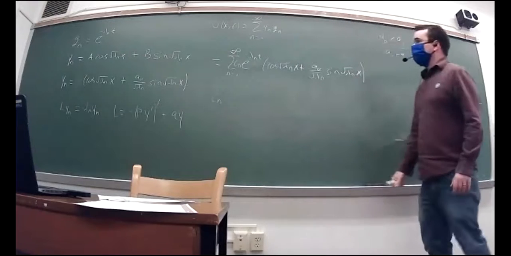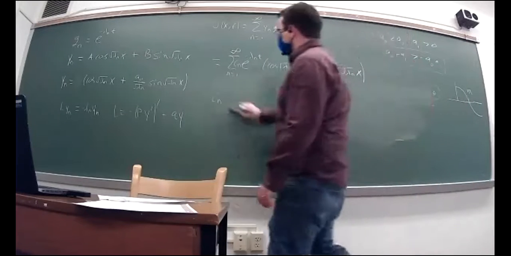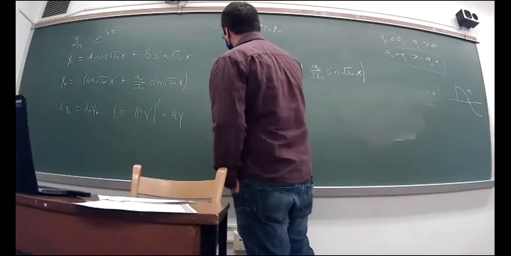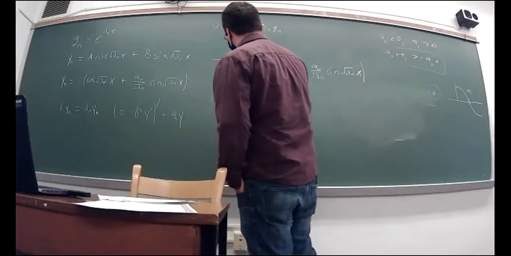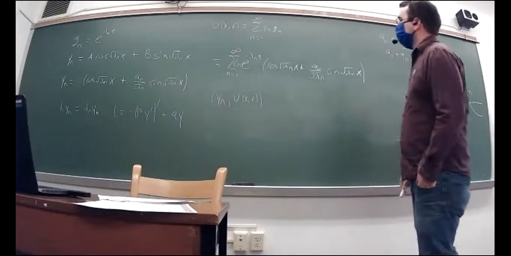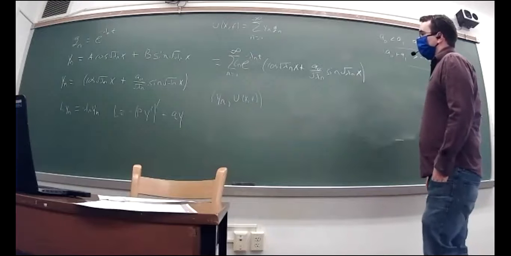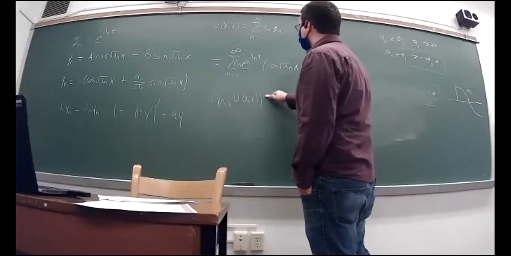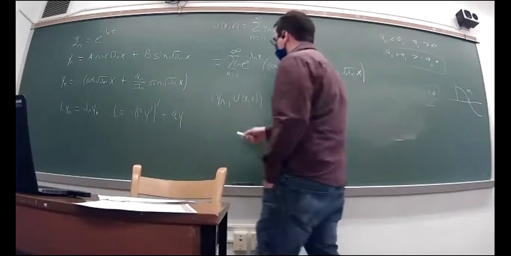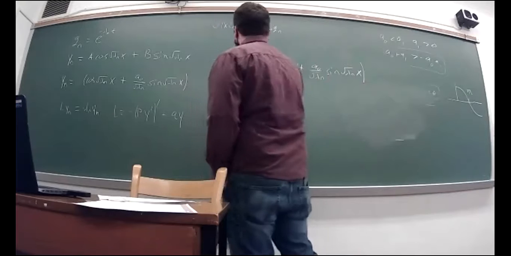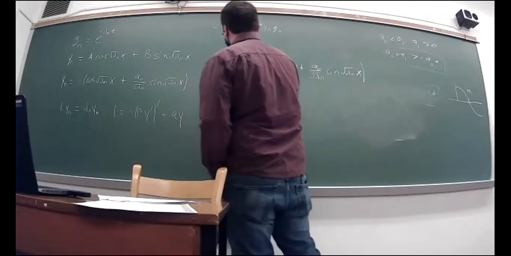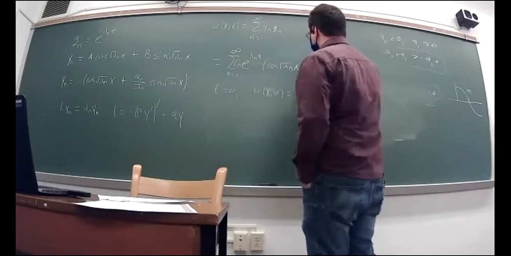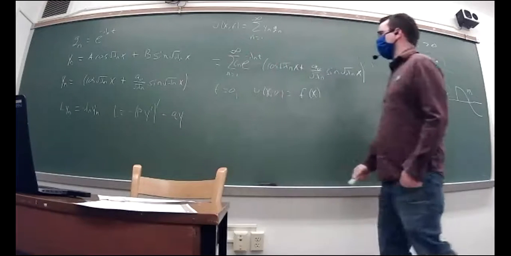But this allows me to compute c sub n, right? Because I can now take y sub n and take the inner product with u of x, t. First of all, as we know, when t equals 0, we've got the initial condition that u of x, 0 is equal to f of x.